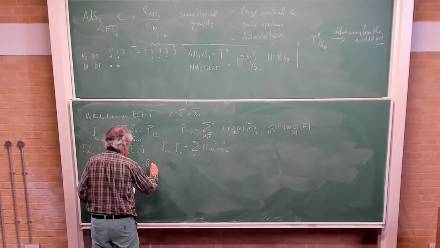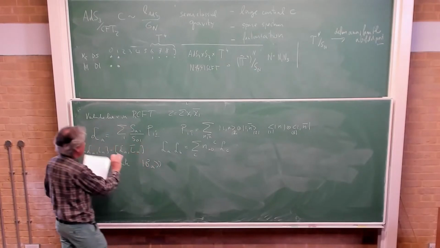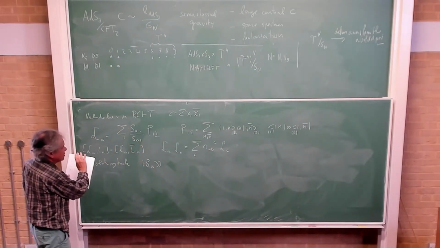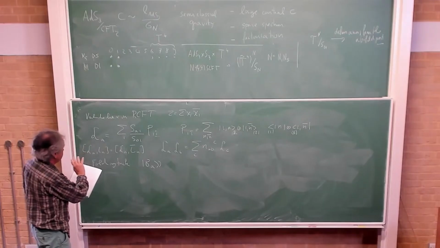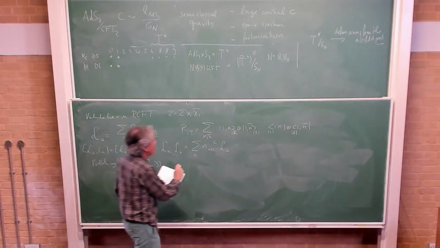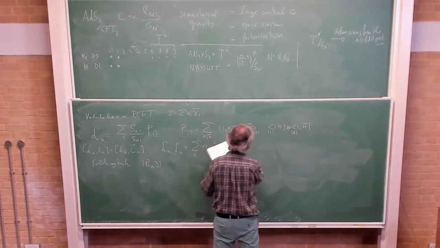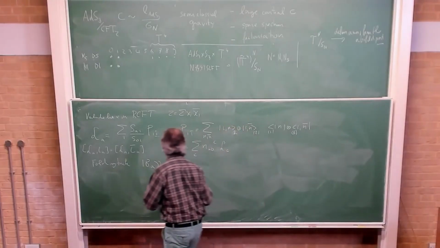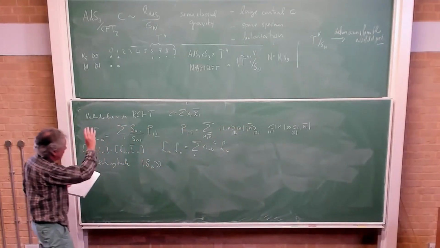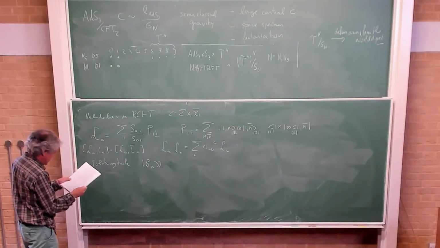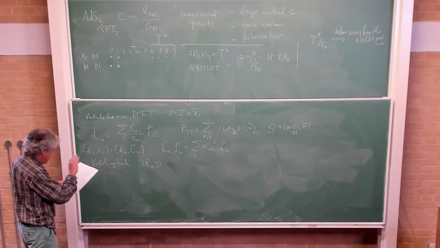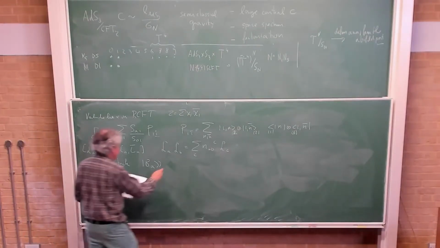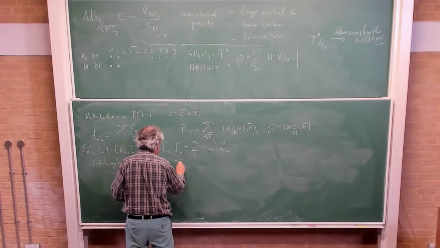So we take the CFT, where 1 and 2 mean to the right and the left of the line, and then we fold the second CFT over, and we get a boundary state.